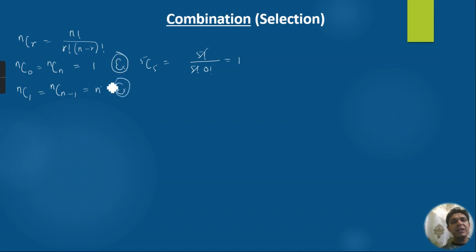For example, selecting one thing out of 5 is equal to selecting 4 things out of 5, and the value will be 5, because factorial 5 divided by factorial 4 multiplied by factorial 1. Factorial 4 cancels with factorial 4, and here we get the value 5.